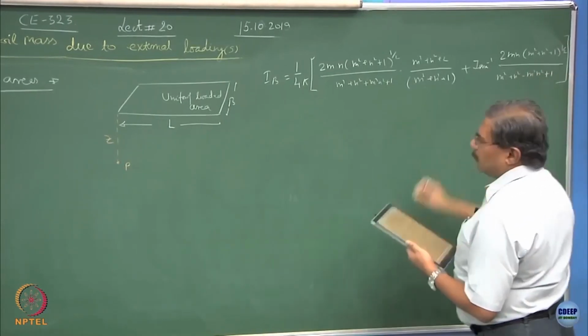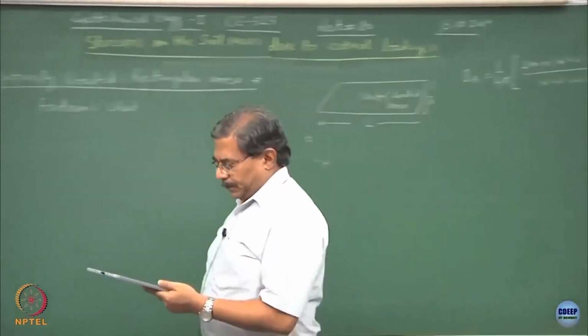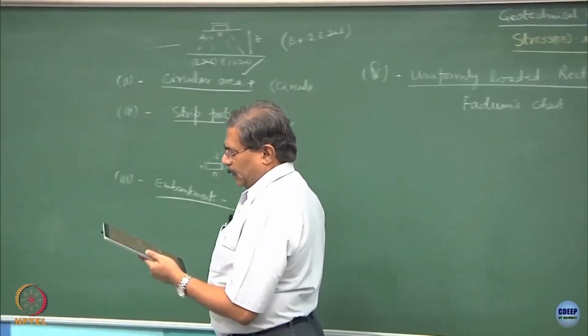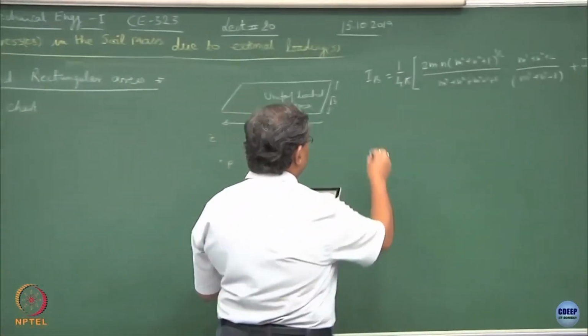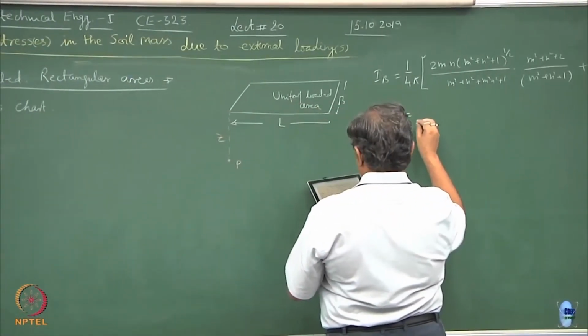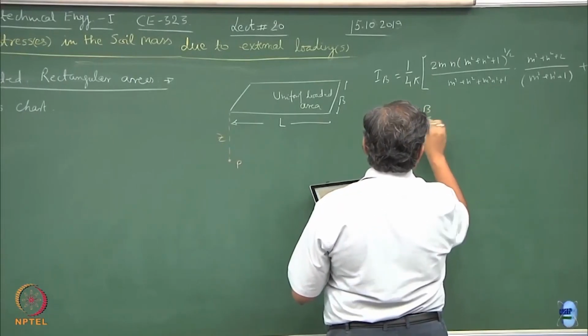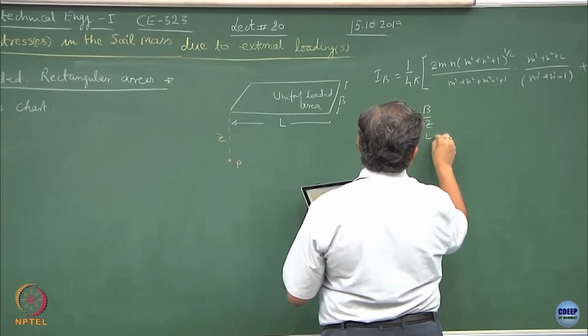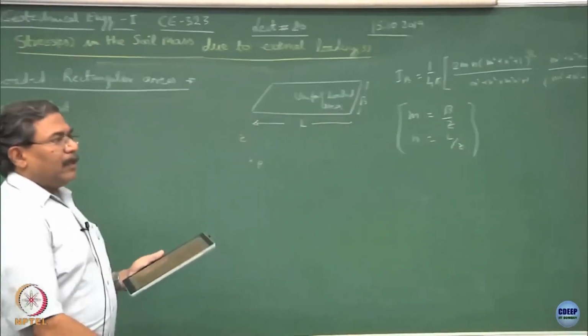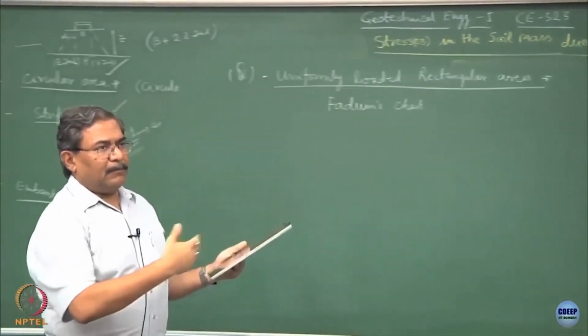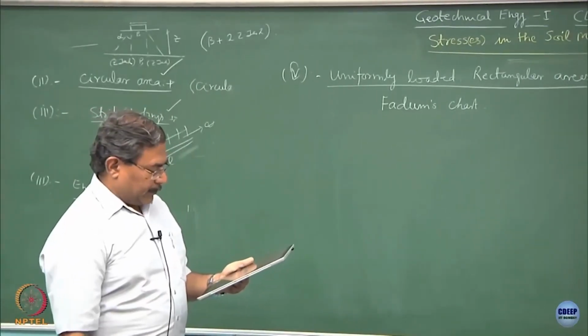Fine. So, please do not ever remember this, where m is equal to b by z and n is equal to l by z. It does not matter if you interchange b or l, so it does not matter whether m or n get replaced or interchanged.